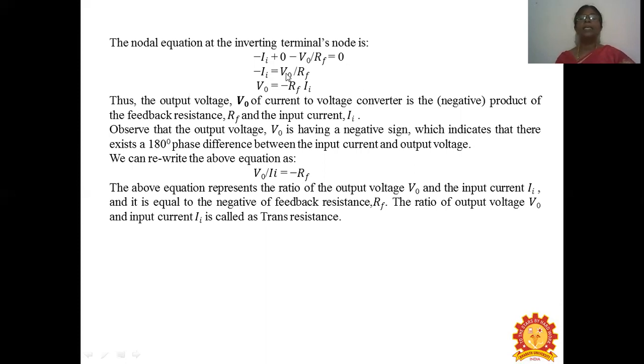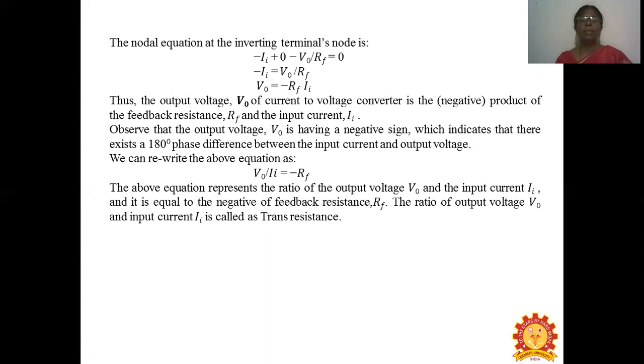Minus Ii is equal to, moving this minus V naught by Rf to the right side, minus Ii is equal to V naught by Rf. Therefore, V naught is equal to minus Rf into Ii. Thus the output voltage V naught of the current to voltage converter is the product of the feedback resistance Rf and the input current Ii with a negative sign.